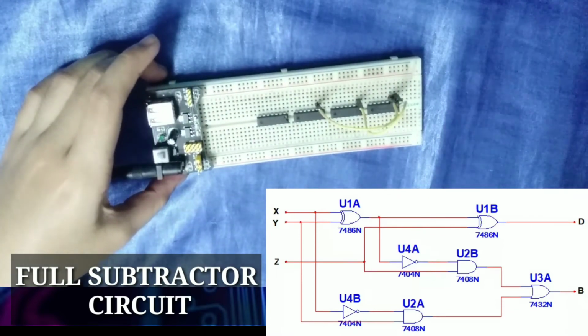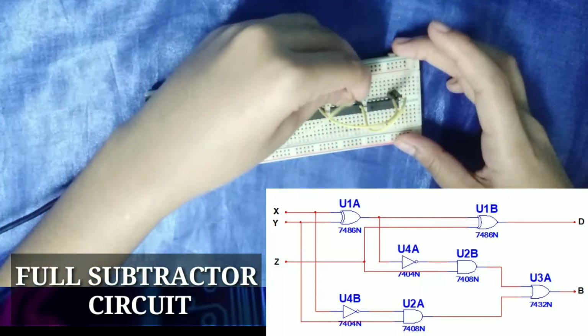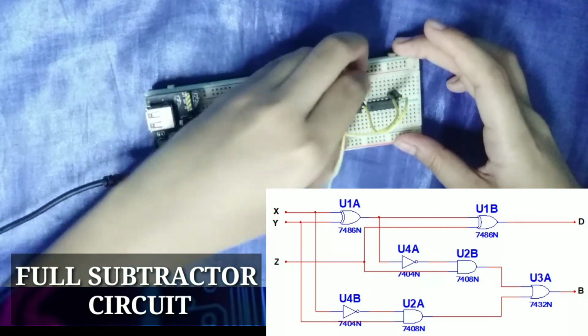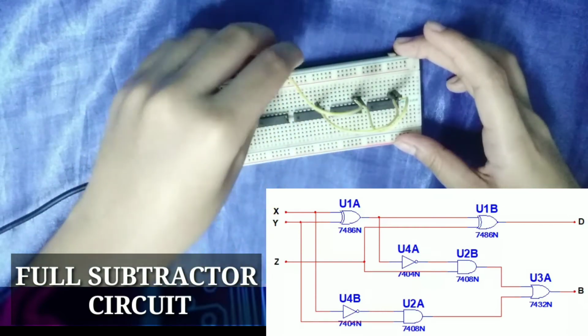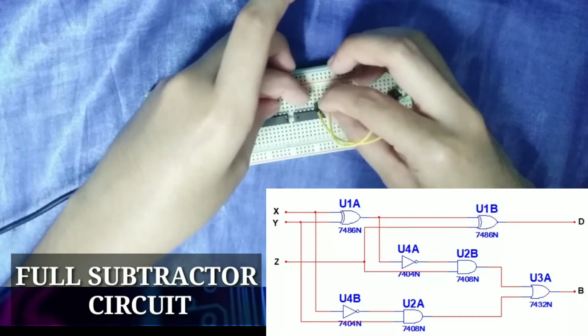Now, let's connect pin number 4, pin number 2 of the 7404 IC to pin number 1 of our 7408 IC.